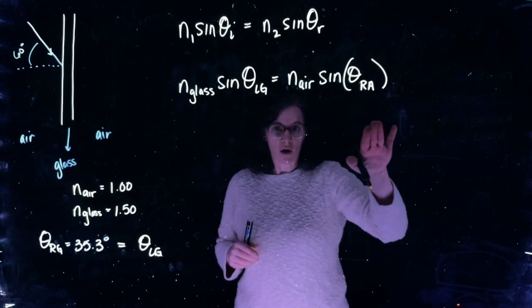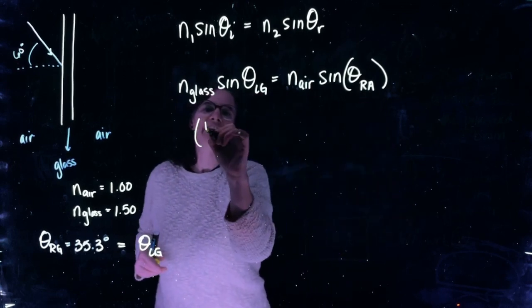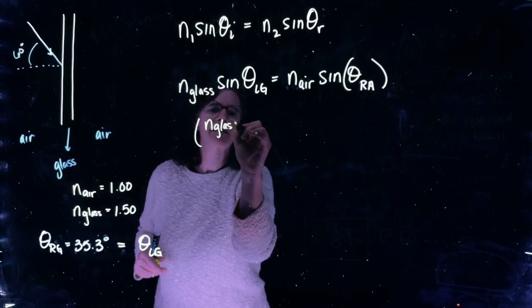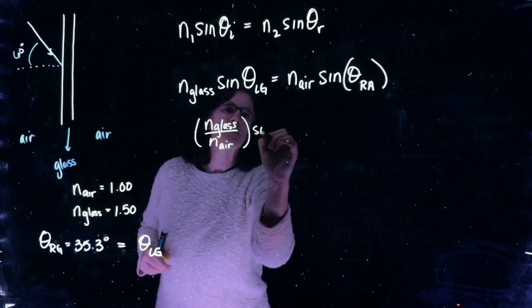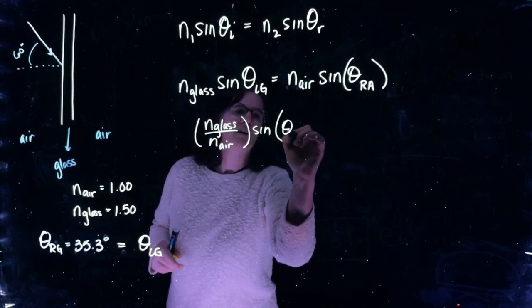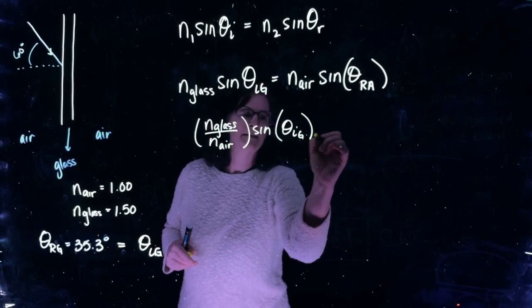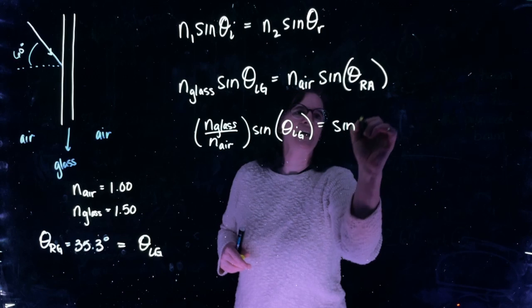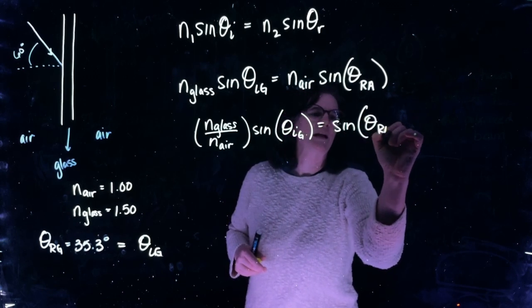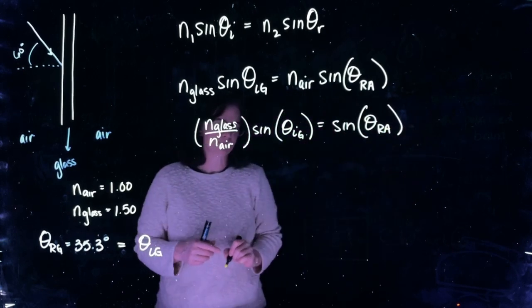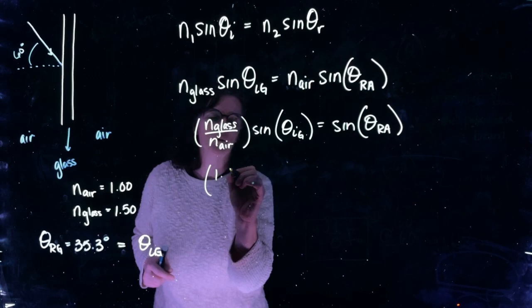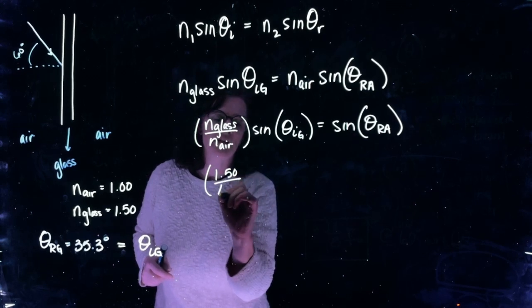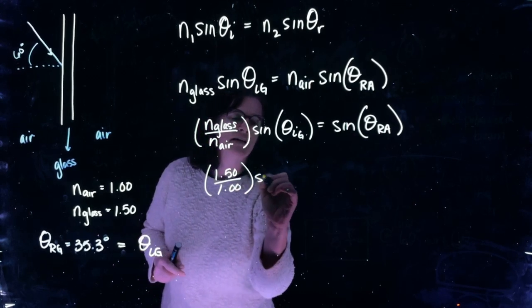So I have the index of refraction in glass divided by the index of refraction in air times the sine of the incident ray in glass is going to equal the sine of the refracted ray in air. And now we'll put in our numbers. Glass is 1.50, air is 1, times the sine.